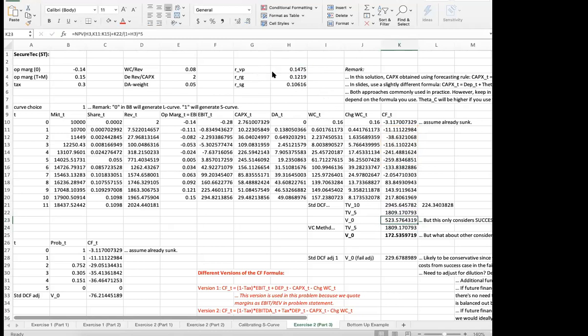Notice if we do this calculation, we get 523 million. So this is clearly not an appropriate valuation for this startup. It's such a different answer than what we obtained in our first DCF valuation, which was the DCF with VC method: 172 versus 523. So the question is, why is this number not an accurate valuation of the startup of SecureTech?